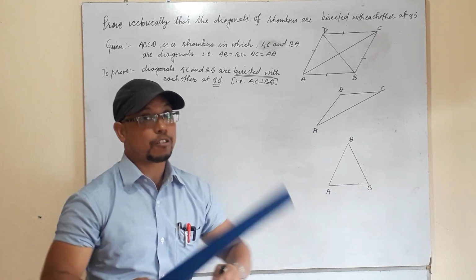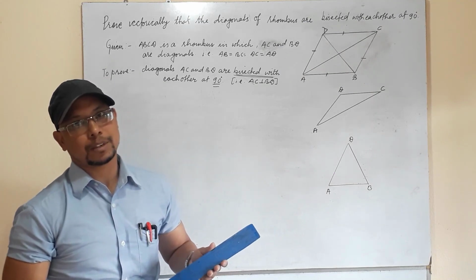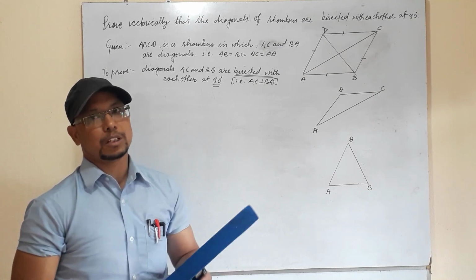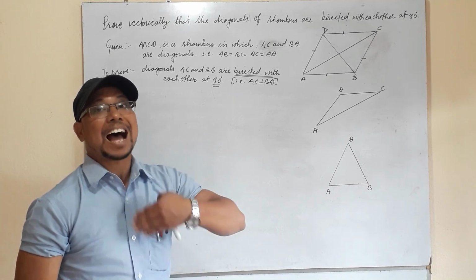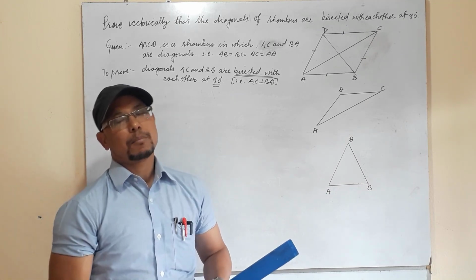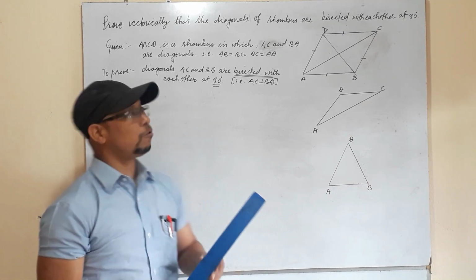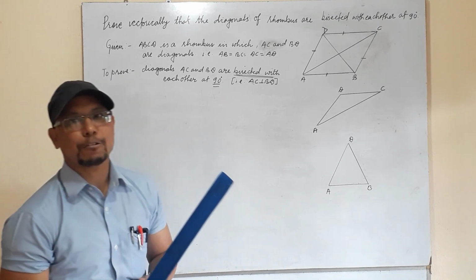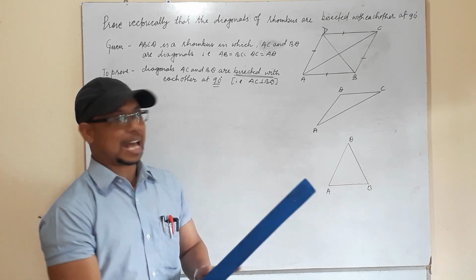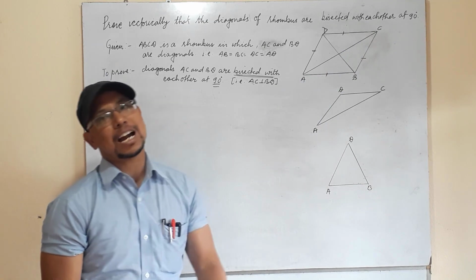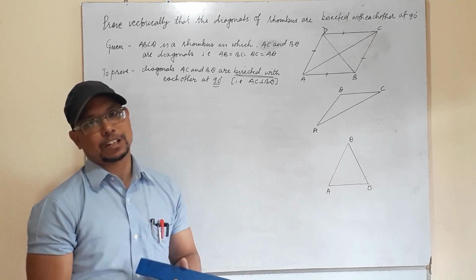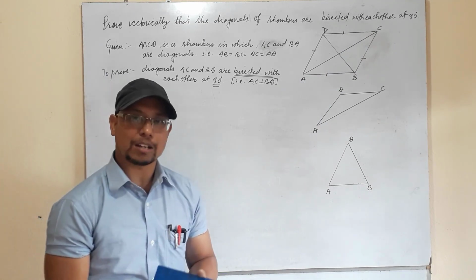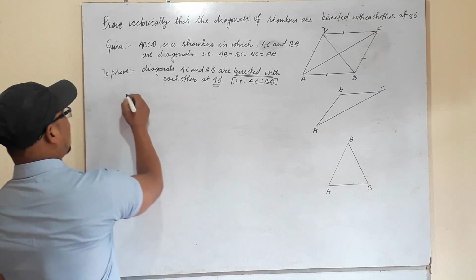ABCD is a rhombus and a rhombus is a parallelogram, and we have already proved the theorem that the diagonals of a parallelogram are bisected with each other. So in one number we can write that it is obvious that AC and BD are bisected with each other because it is a parallelogram.